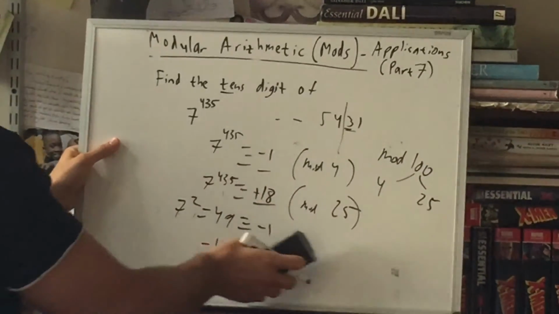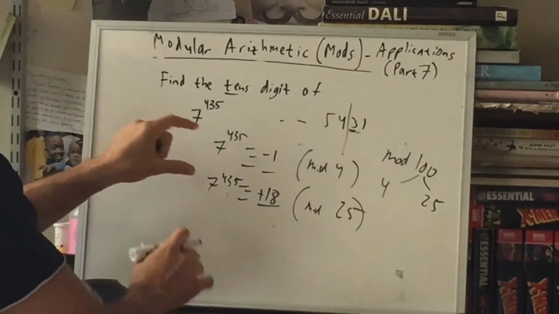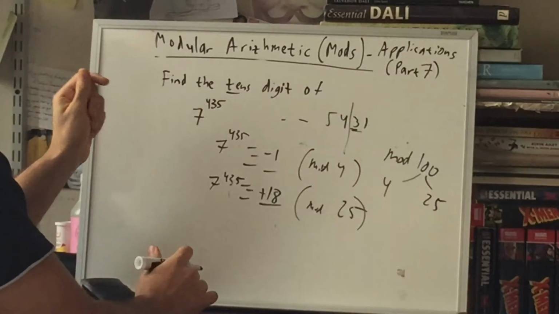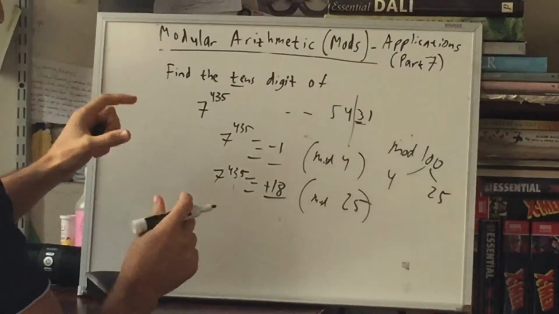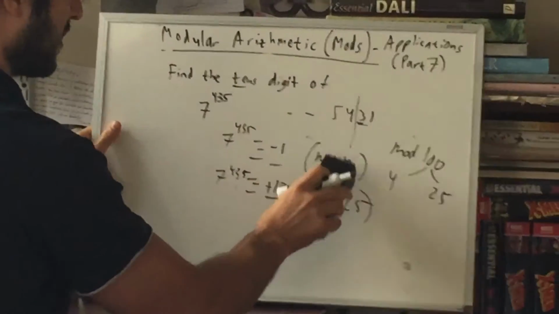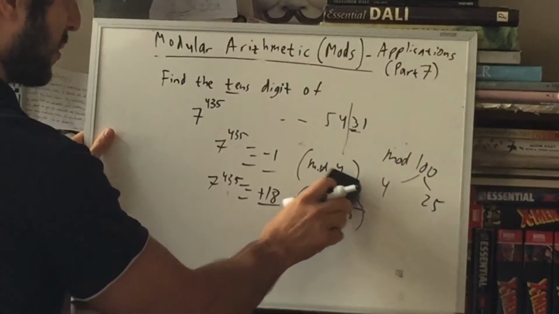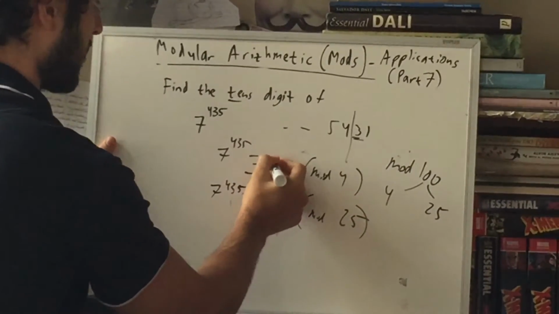It's at this point that we're going to use a technique similar to that previous video, finding simultaneous constraints. -1 is no good, so let's bring it into the 0 through 3 range: add a 4, and that's a 3.